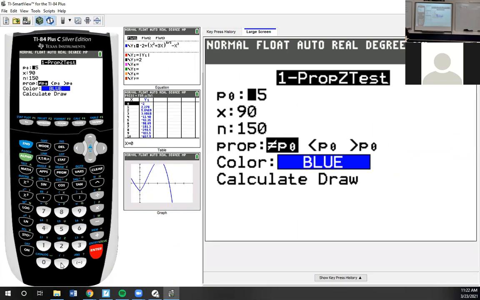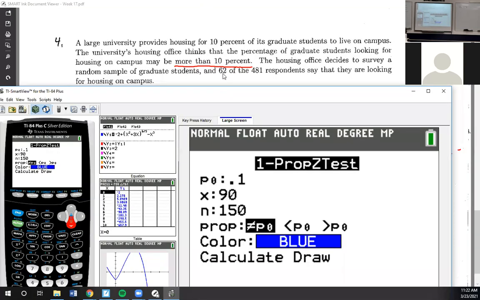p naught was 0.1. And then our x and n. So we have 62 out of the 481. So that's what we're going to put.